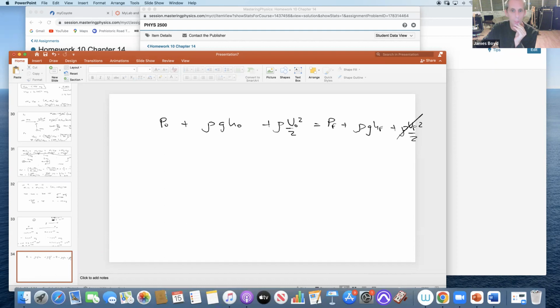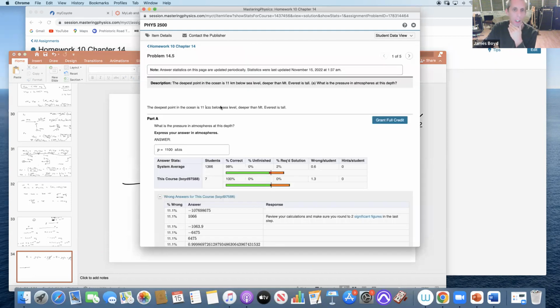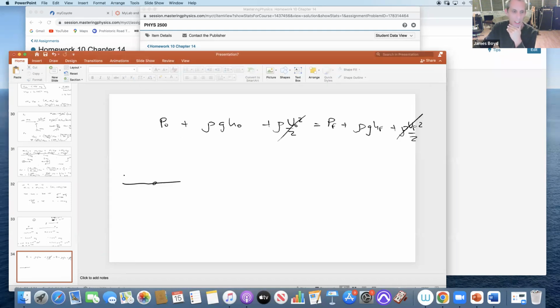But if we assume that the particles aren't moving, we get this, assuming this is sea level. Our density is water, so it's 1,000 kilograms per meter cubed. Our initial pressure is 1 atmosphere, 101.325.